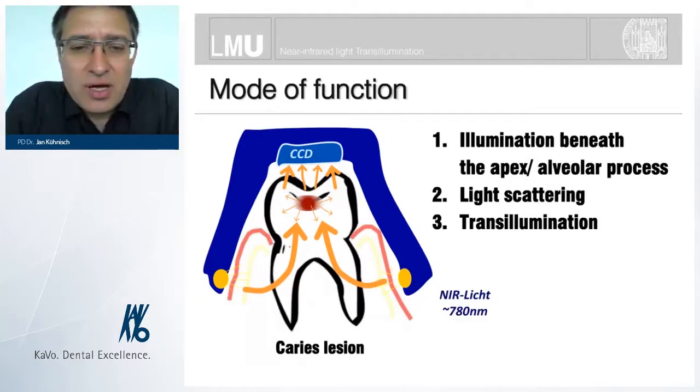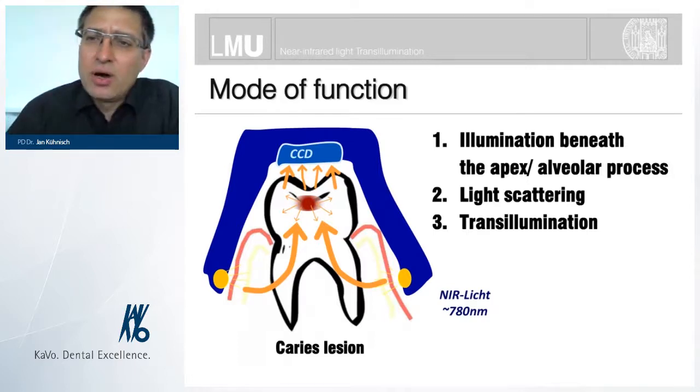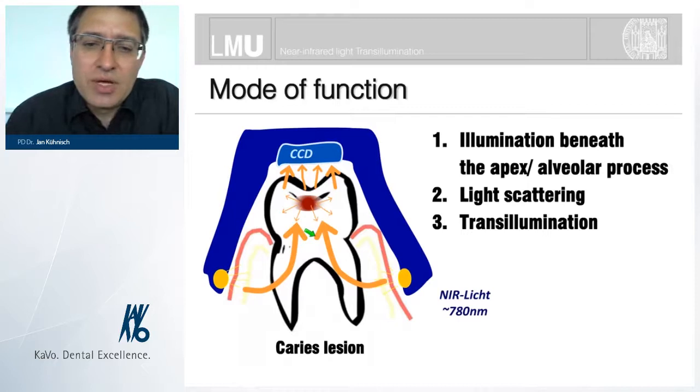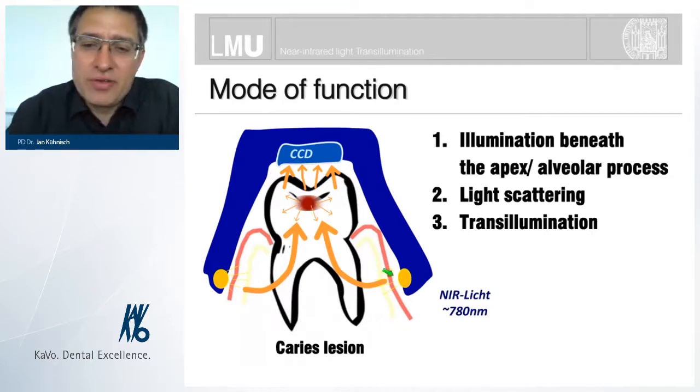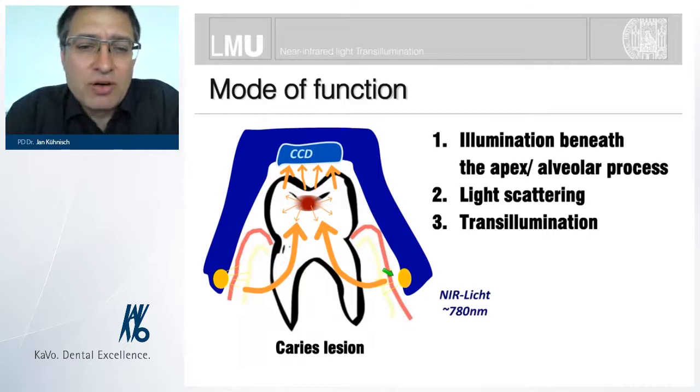And the second modification is, hopefully it works now with the pointer, yes, that we have another change. Normally, the majority of diagnostic methods illuminate the tooth from the occlusal perspective, or maybe from the proximal areas, and an important change is that the light path now starts near the apical region.